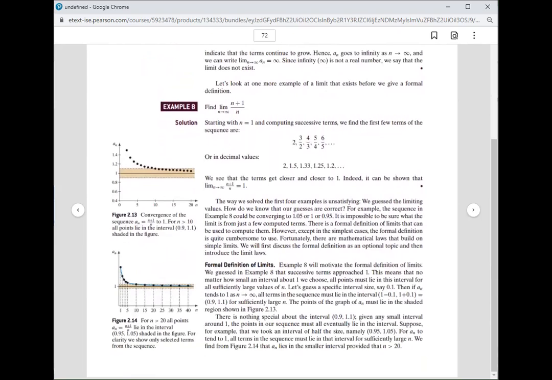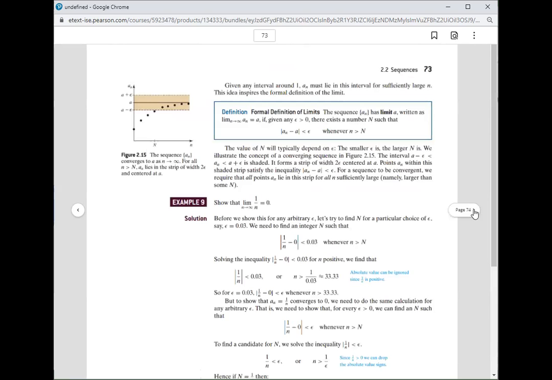So she's talking about the formal definition of limit. So this is the formal definition of limit.